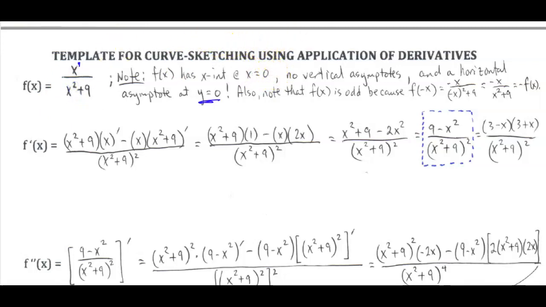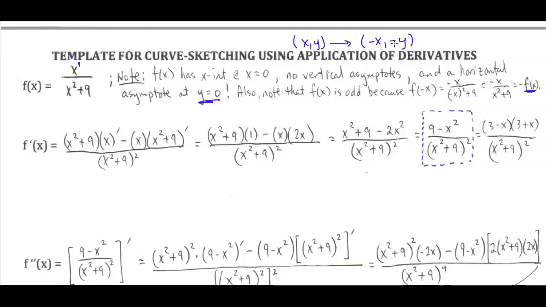And lastly, I know that this function is odd because if I do the algebraic test for it, if I plug in a negative x everywhere where I see x, I get the negative of what the original function was. Okay. Now again, all that matters because if a function's odd, if I have a point x, y on this graph, then that means that I automatically know that there is a point negative x, negative y on this graph as well.